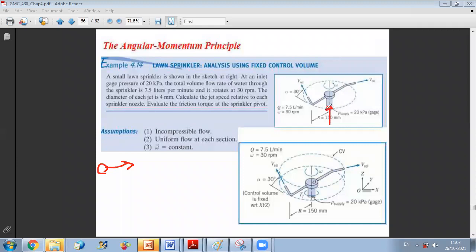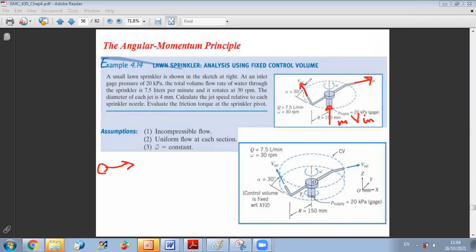Since M times V inlet is along the axis of rotation, it cannot produce any angular momentum about it. Okay, so we just have the fluxes crossing out the control surface. We have two outlets here, and we should account for both.